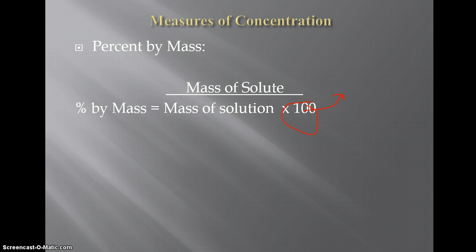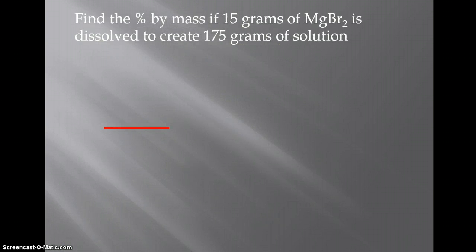All right, let's take a look at a problem here. Find the percent by mass if 15 grams of magnesium bromide is dissolved to create 175 grams of solution. We're going to start with our basic formula, or generic, is percentage equals part divided by the whole. What's the part? It's the solute, and the whole is the solution. So I'm going to set up my percentage is going to be equal to, what's the solute?